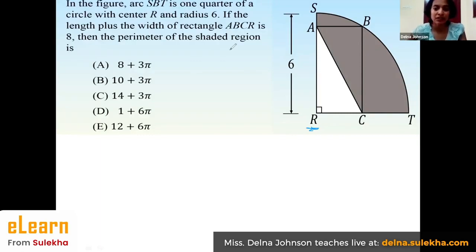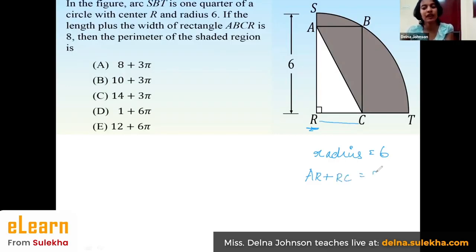Okay, and so if you're taking the given information, you have the radius equal to 6, and then they've given the length plus the width of the rectangle, which is AR plus RC is 8, where the length is AR and the width is RC. So this is equal to 8.